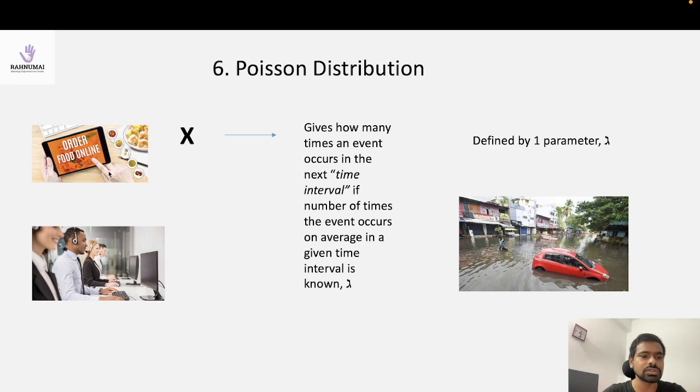Similarly, if Swiggy knows how many orders are going to occur, what is the probability that 10 orders will occur, or 15 orders, or 100 orders, accordingly it can optimize the allocation of human resources in terms of delivery partners. So these are the applications. This is all about Poisson distribution I wanted to convey.